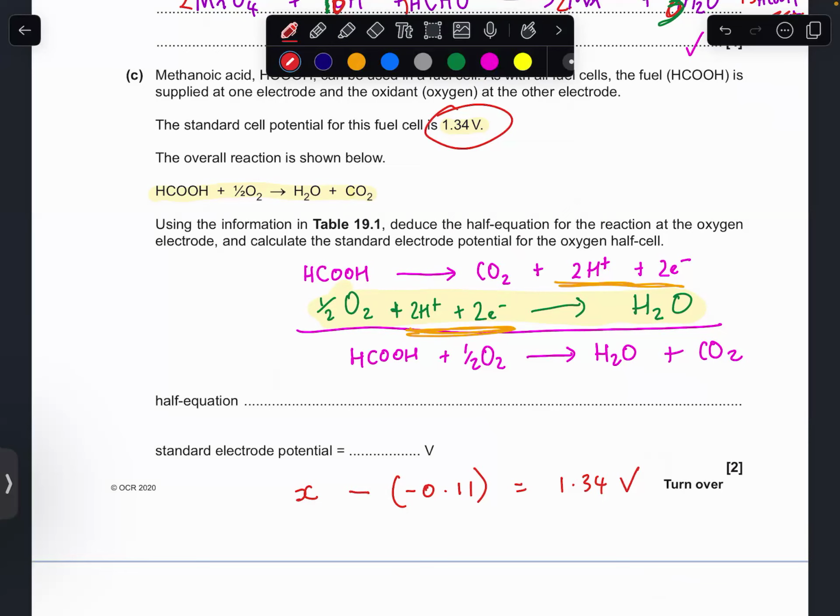That means X would equal 1.23 volts. Yep, and the mark scheme supports that. That is the end of that question. I will see you tomorrow.